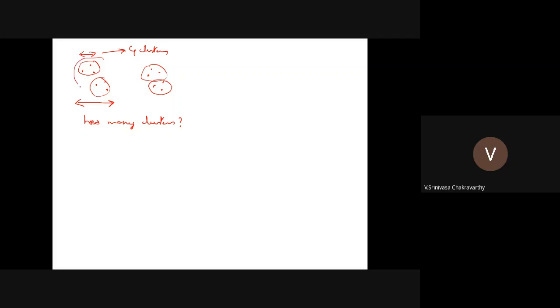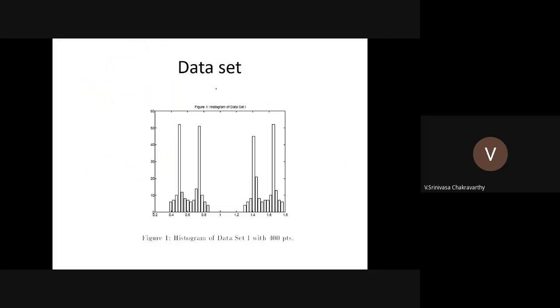So the question of how many clusters are present has no meaning unless you give some additional information. In this case, that information is the scale, and given the scale, you can give different numbers.